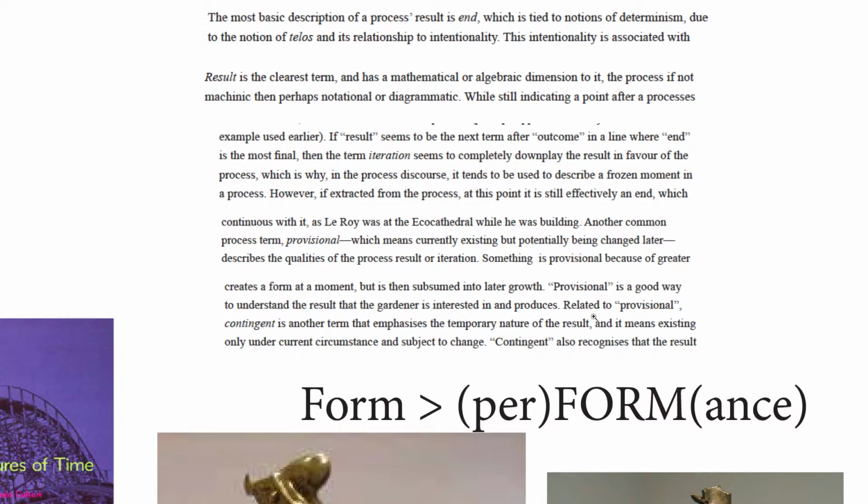And the final one I talk about is related to provisional, and the term is contingent. And contingent basically means that it's existing under current circumstances and subject to change, and it's contingent on those circumstances. So provisional and contingent have a relationship with them, but in a way contingent is also something that is predictive because it may or may not happen.